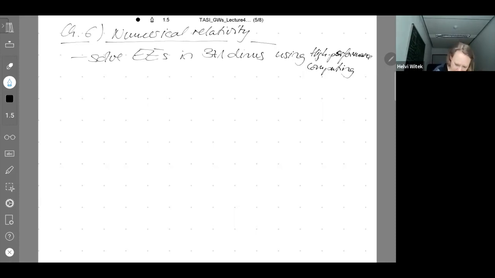And also, let me just add that this is done without any weak field approximation. So this is really in the strong field regime of gravity, where nonlinear terms in Einstein's equations become important.